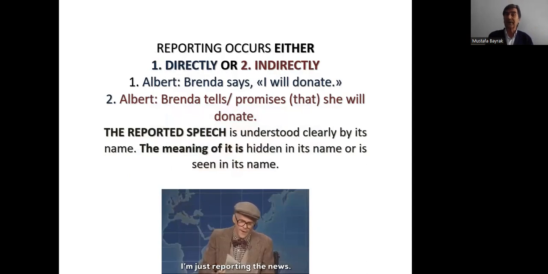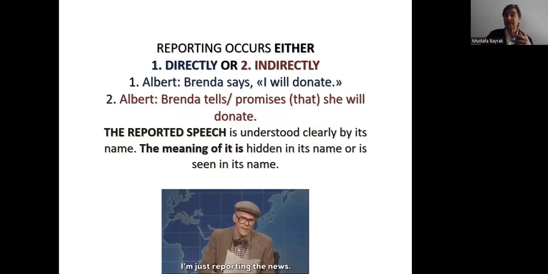Reporting occurs when it comes to reporting now. It happens either directly or indirectly. This is the situation of reporting, the reported situation, either directly or indirectly. For example, Albert: Brenda says, I will donate.